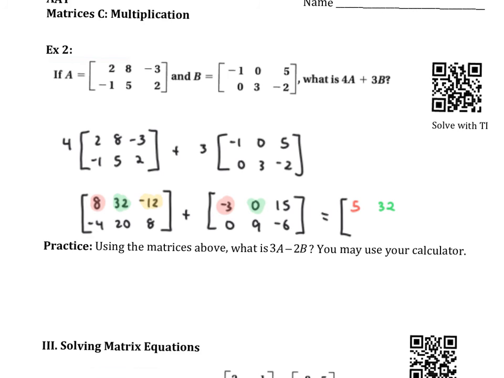Continuing on, negative 12 plus 15 is a positive 3. And keep going here. We have a negative 4 plus a 0, which is a negative 4. We have a 20 plus a 9, 29. And lastly, we have 8 plus a negative 6, which gives me a 2.